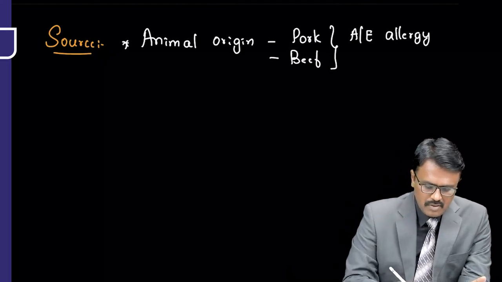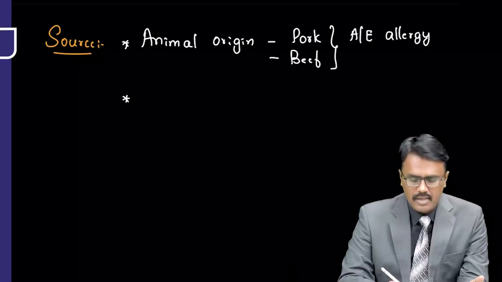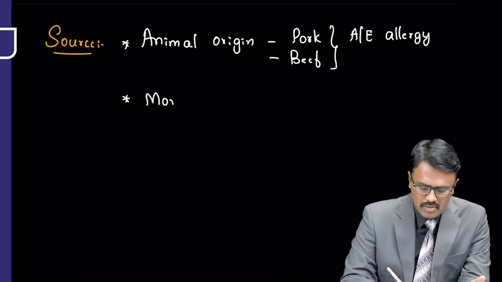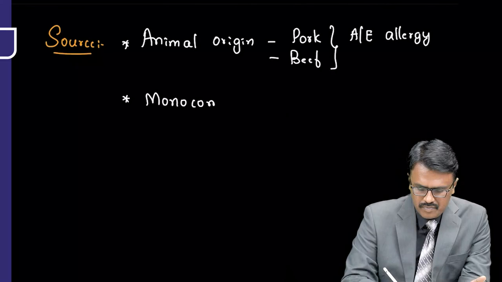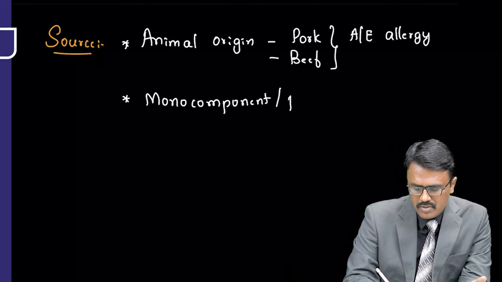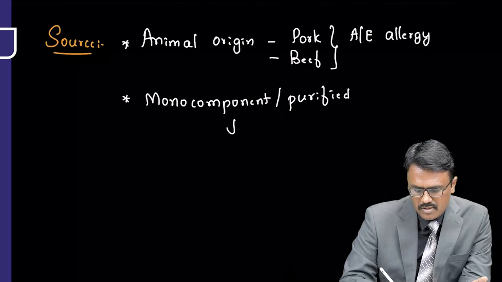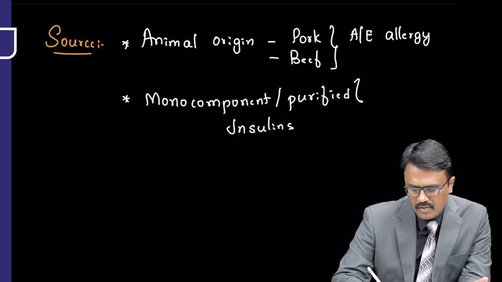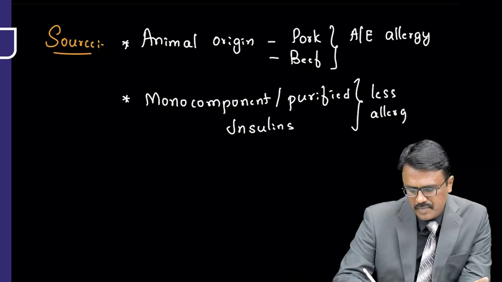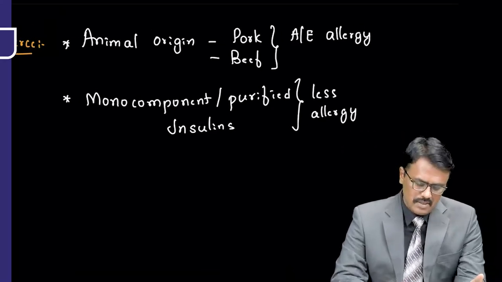Then we came with one more type of insulin. They are called monocomponent or more purified insulins. So these insulins have the advantage of less allergy.